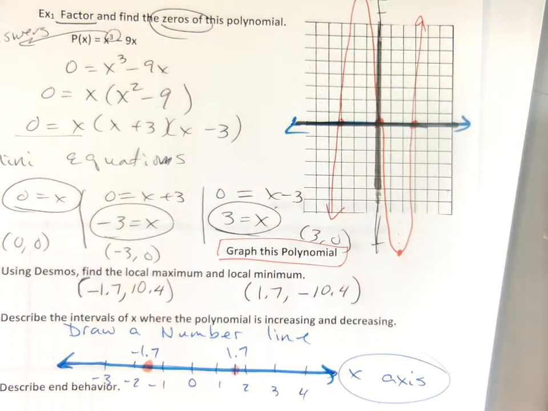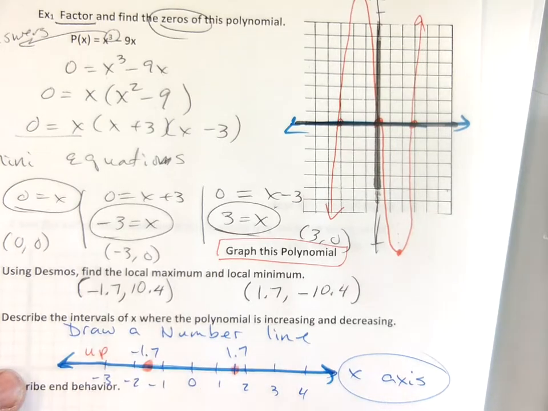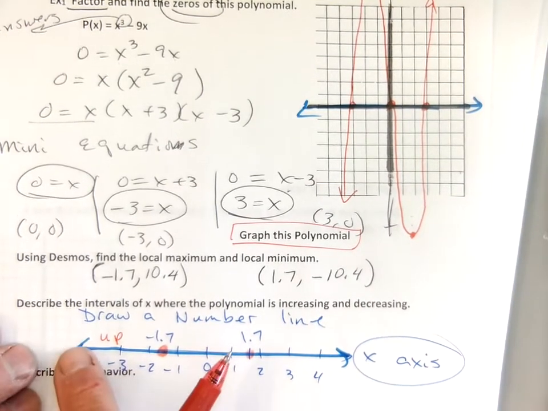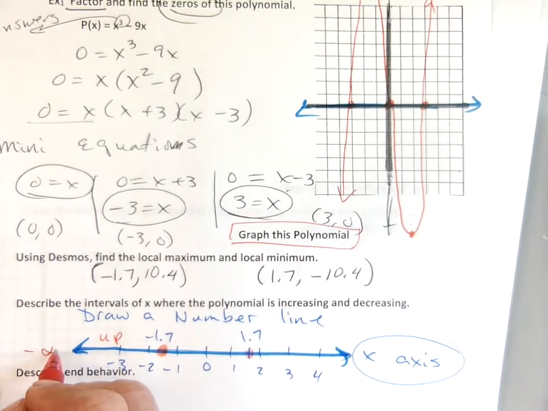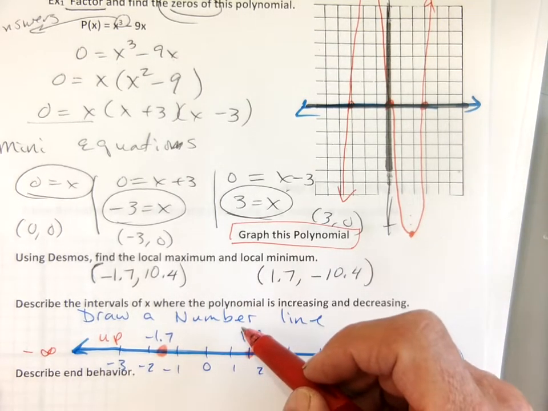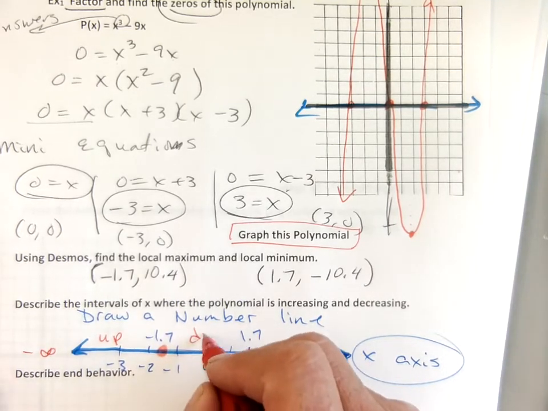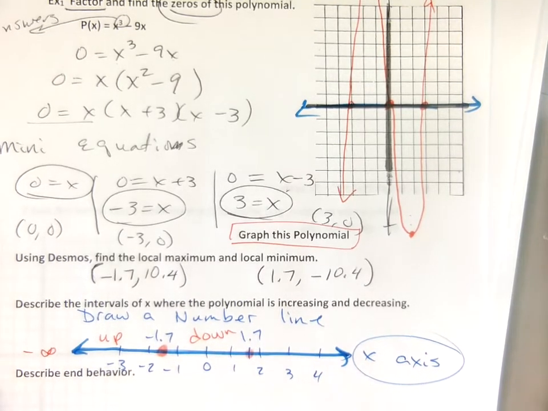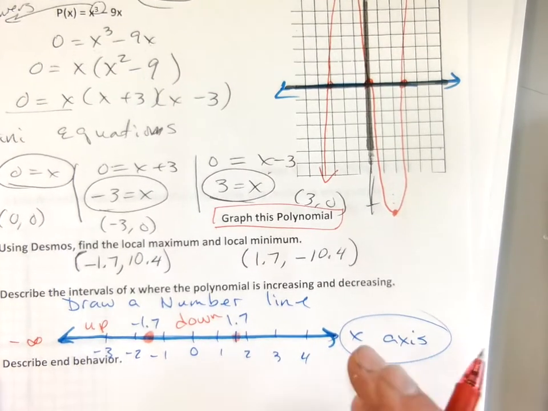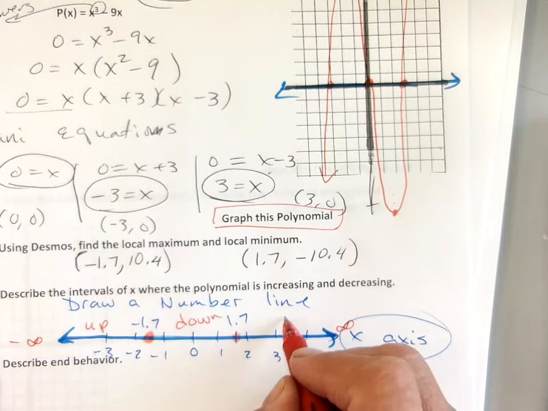So here's what I want to write. It's going uphill here, isn't it? From negative infinity to negative 1.7 is going uphill. You guys agree with that? And then from negative 1.7 to positive 1.7 is going down. You guys agree with that? And then from 1.7 to infinity, it's going up.